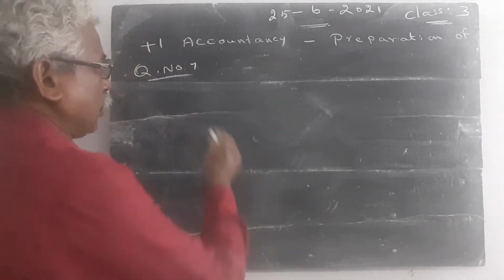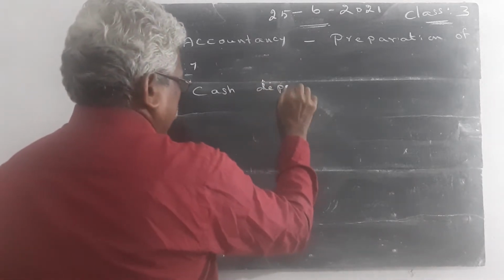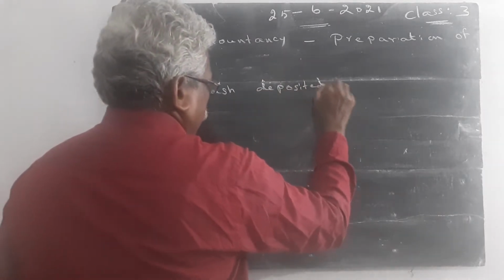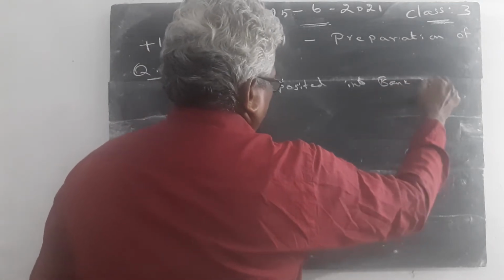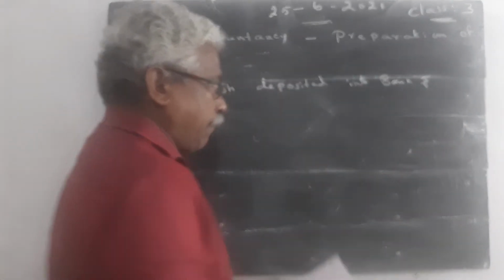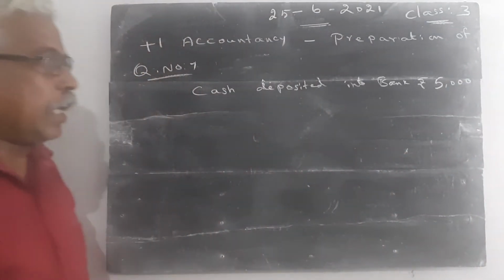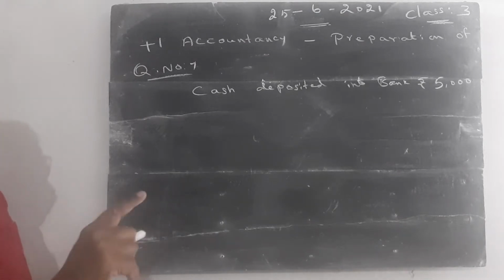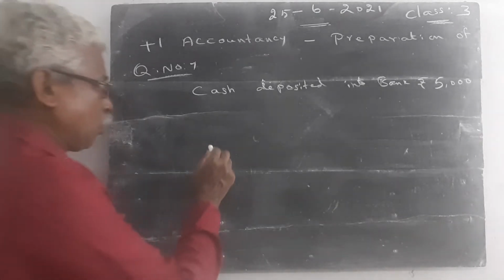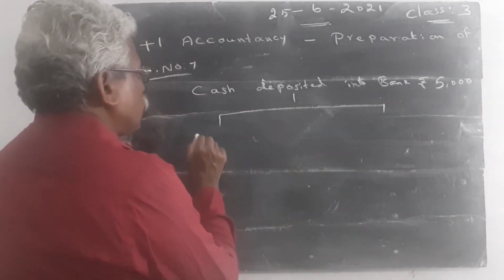Cash deposited into bank, rupees 5,000. This is another transaction, and it contains two accounts.